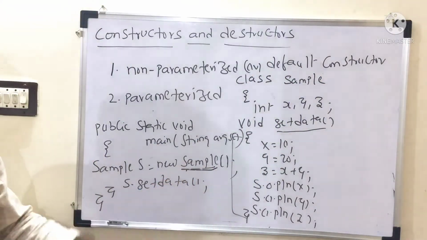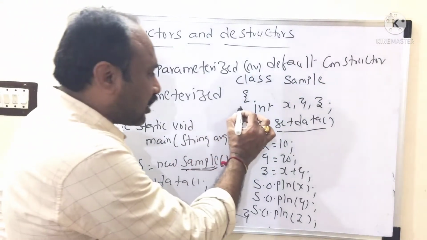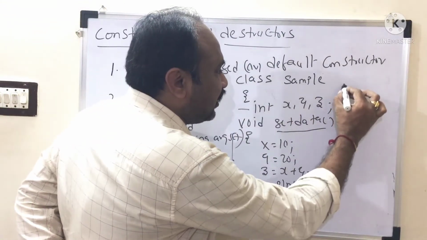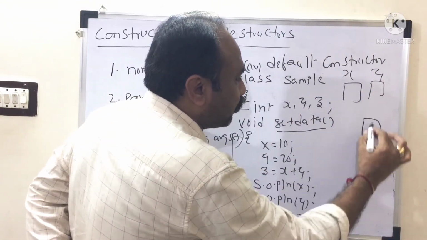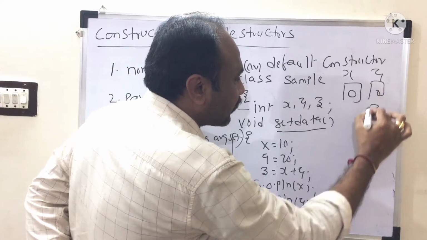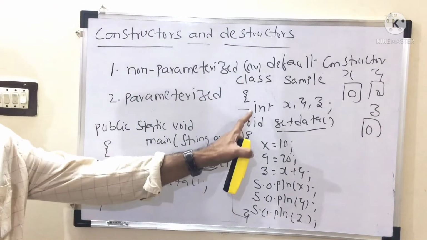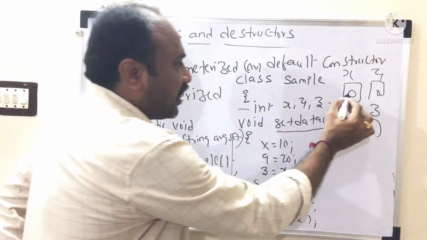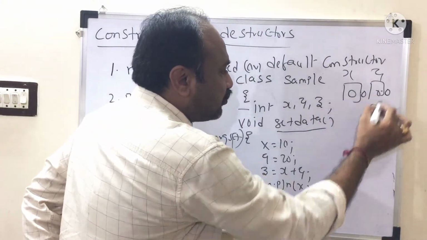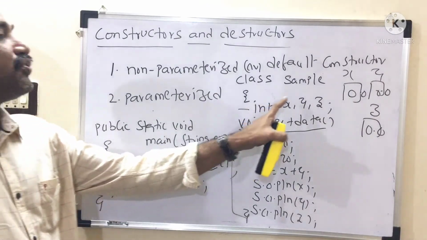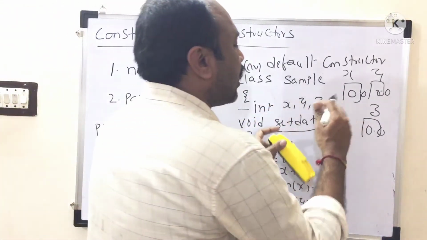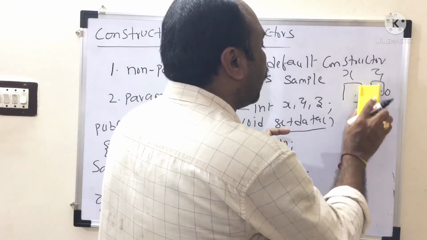The purpose of this constructor is, in your class, if your data is integer data, it is initialized to 0. If these values are float values, they are initialized to 0.0f. If these values are string values, they are initialized to null.